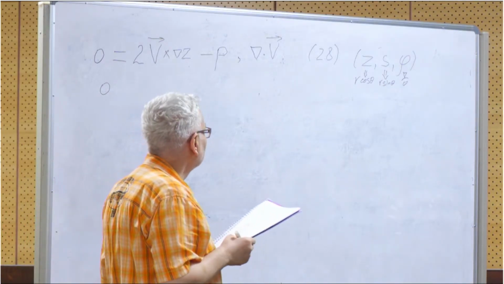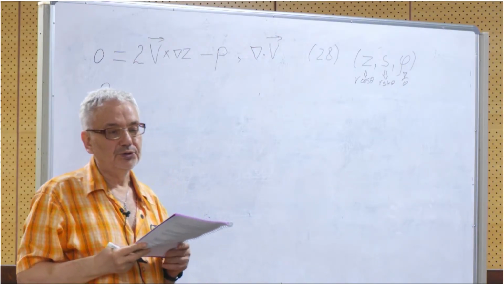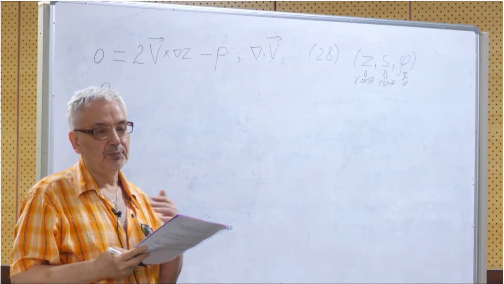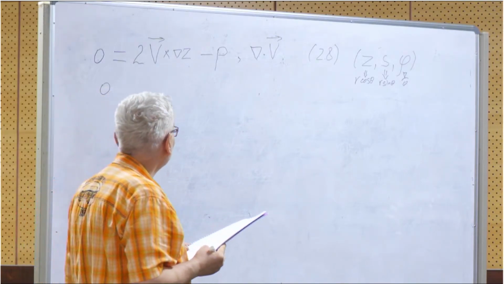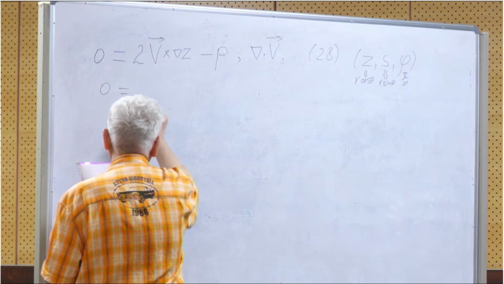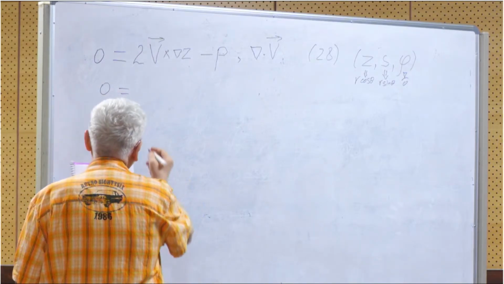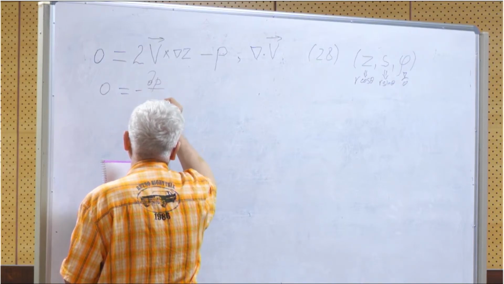You know that the cross vector product of vectors which are perpendicular to each other is also equal to 0. So the only thing which remains here is very simple, and this only thing is minus dp by dz.